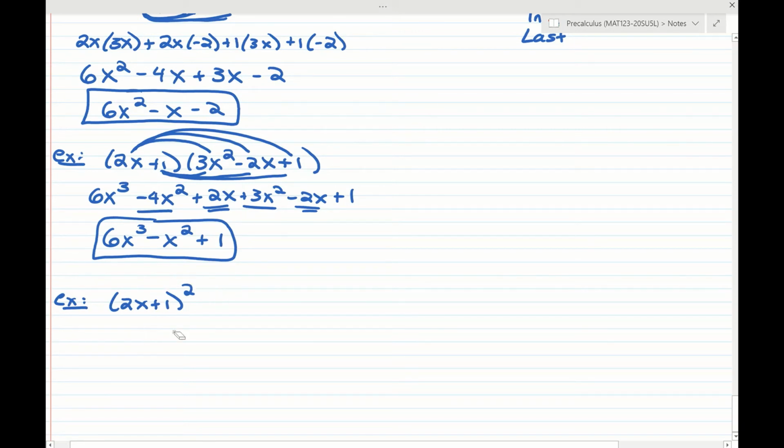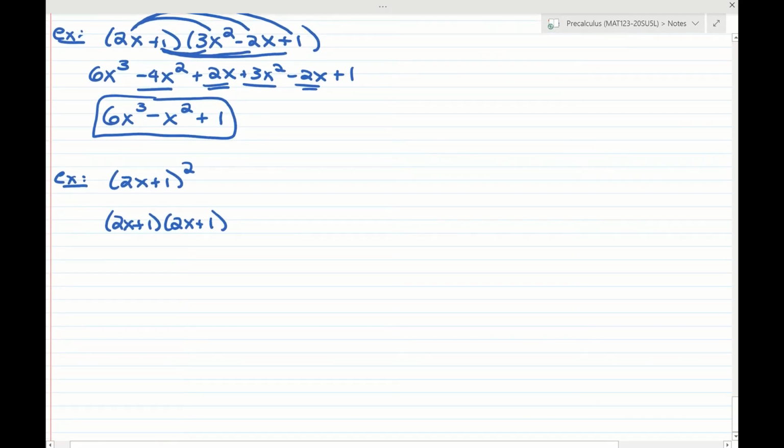So the way we have to do a problem like this is we do 2x plus 1 times itself. So 2x times 2x, 2x times 1, 1 times 2x, and then 1 times 1, which gives us 4x squared plus 4x plus 1.